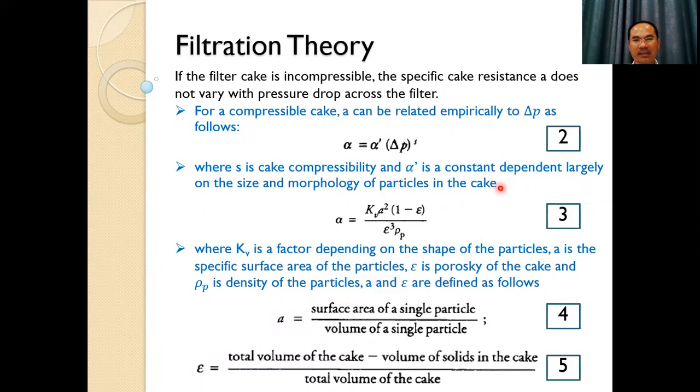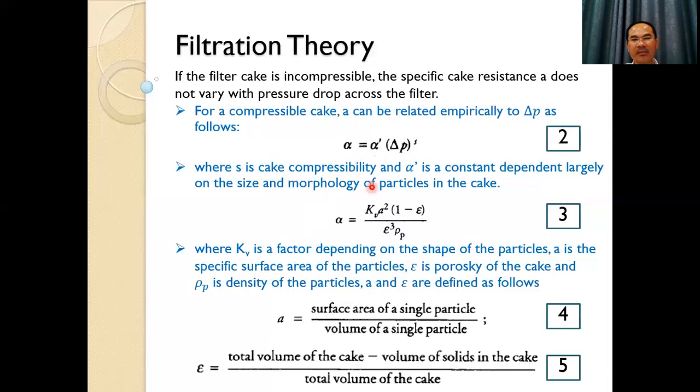For incompressible cake, the resistance does not depend on delta P. But for compressible cake, the resistance depends on delta P, the pressure drop. We can show the relationship that alpha, the resistance of the cake, equals some constant multiplied by the pressure drop to the power S.